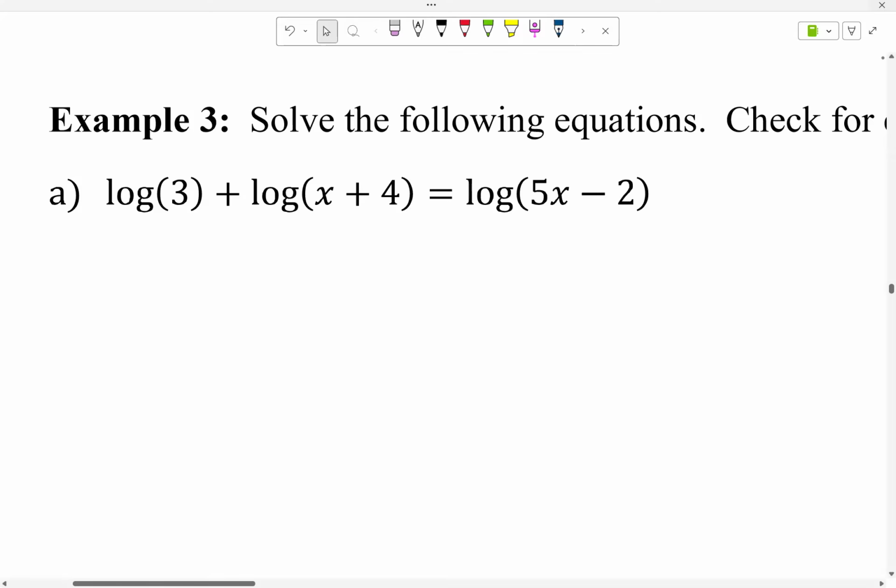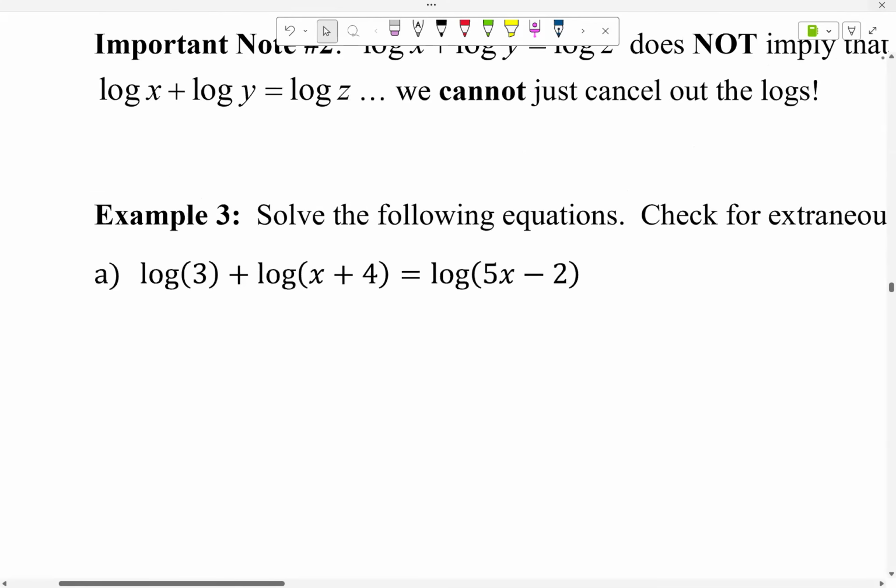Okay, step 1. Who'd like to tell us what it should be? Two logs on the left, you can just add them, and so you can multiply them inside. Very nice. We need to use the property of logarithms, that this is equal to log of AB. You can't just erase all the logs.